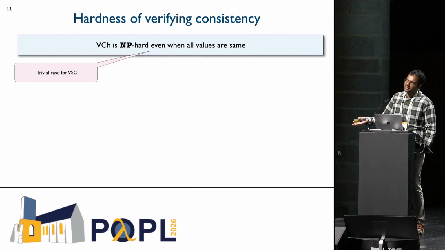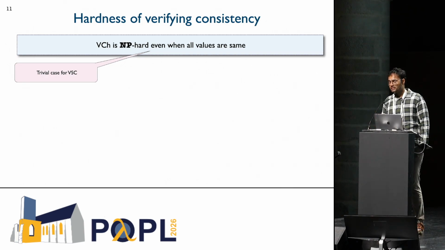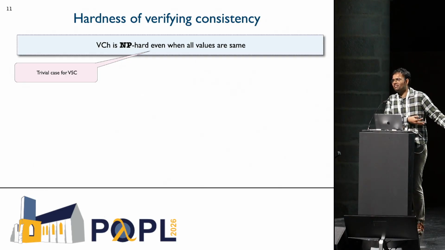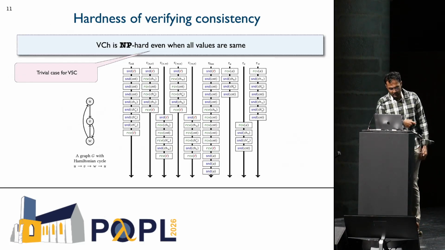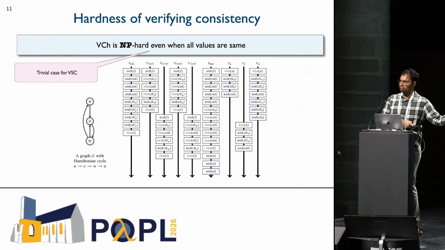The only time it won't be consistent is if there is no write, otherwise it's always consistent. So it's an order 1 algorithm. But when you have channels, you can do many fancy things. You essentially have access to a tape, like a Turing machine, and for that reason, you can simulate the Hamiltonian path problem. I don't think I have the time to go through the reduction, but it's pretty cute, so you should check out the paper.